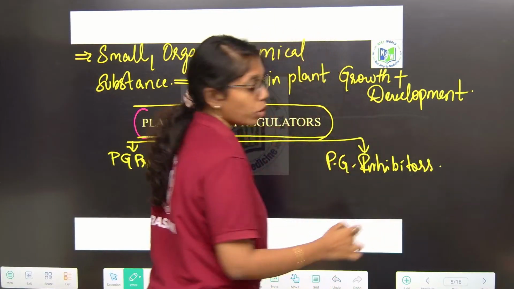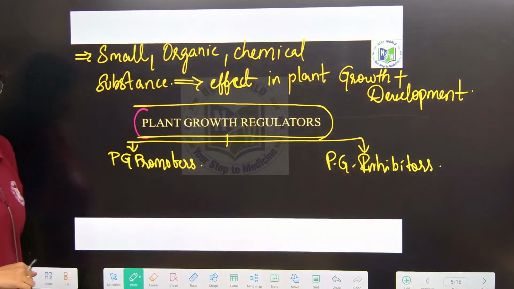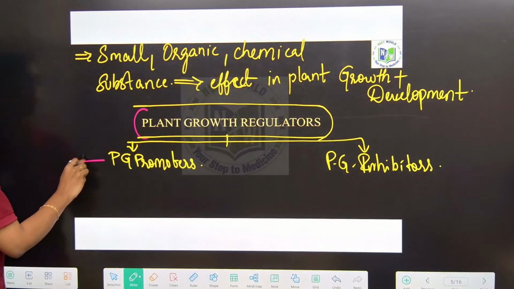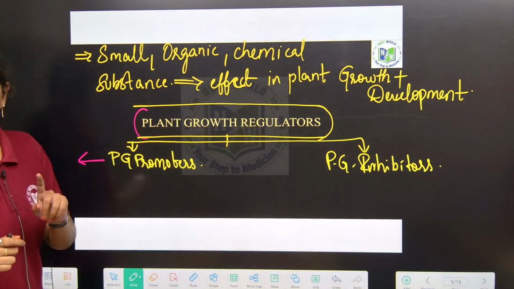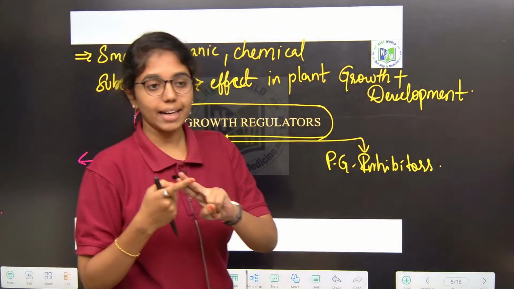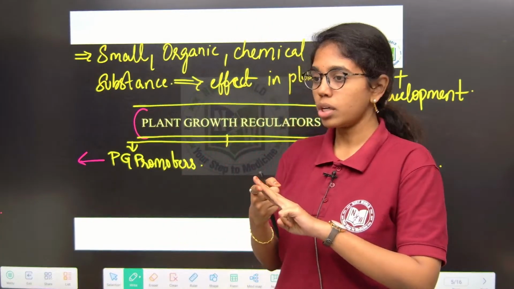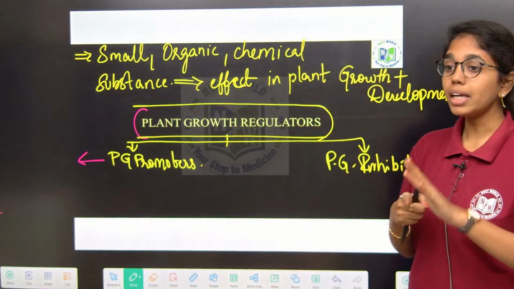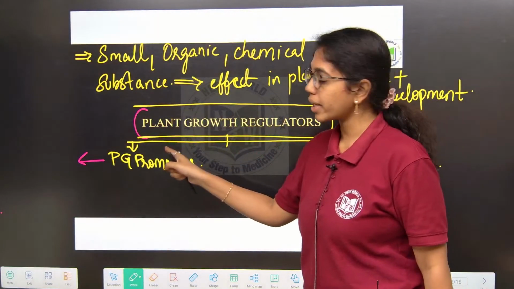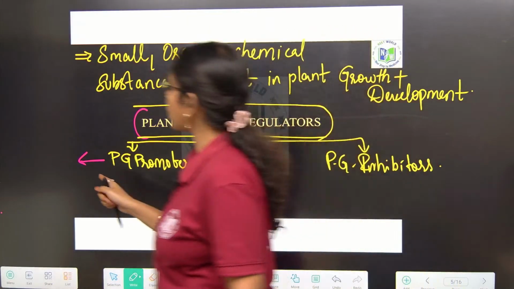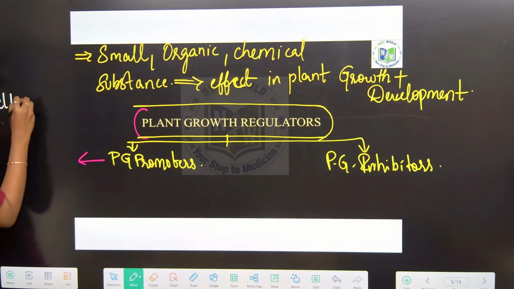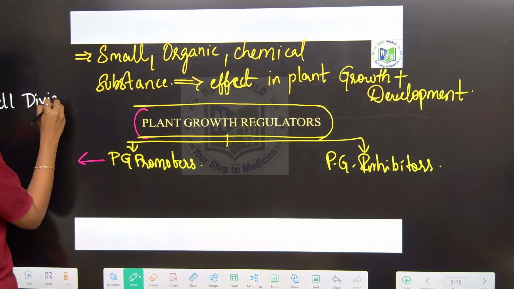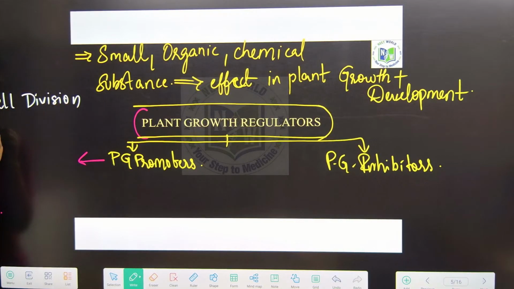Plant growth promoters include 3 hormones. Plant growth promoters means what activities they promote? They will aid in cell division, cell enlargement, trophic movements, fruiting, flowering. These are the activities promoted by these hormones.